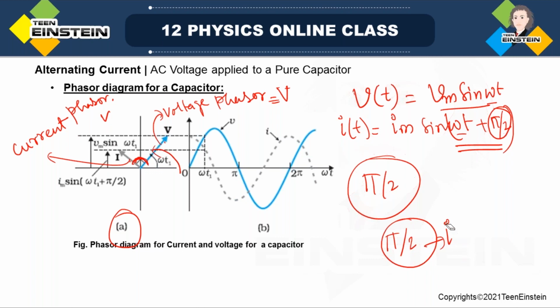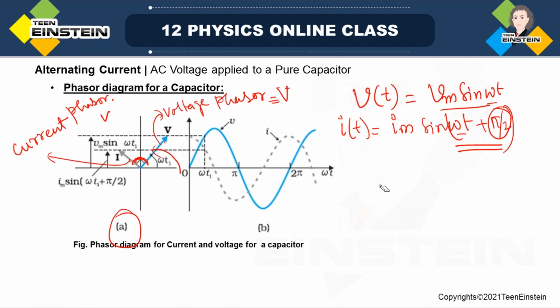In case of inductor, there was 90-degree phase difference between current and voltage, but that time the current was lagging behind the voltage. But in this case, current is leading by 90 degree, or pi by 2 radian.